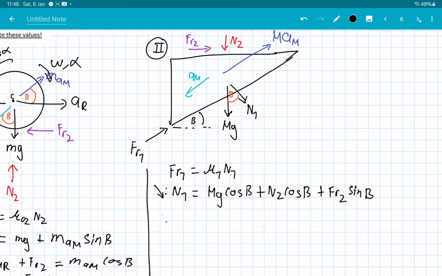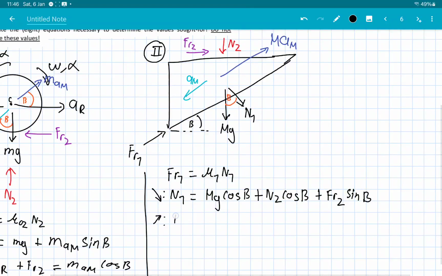So now we're going to solve it in this equation. From this equation, we say MAM is equal to MAM. What else is going in that direction?